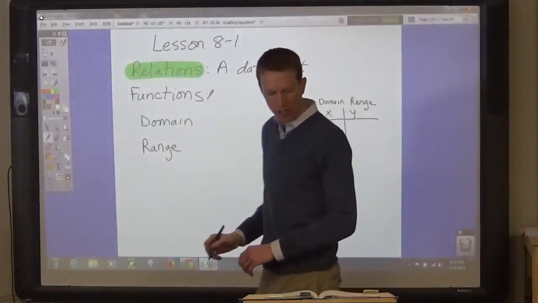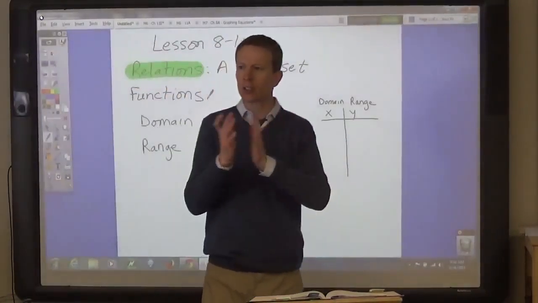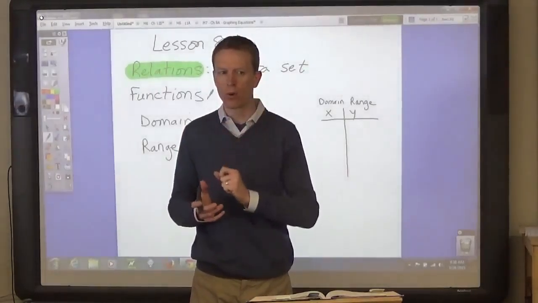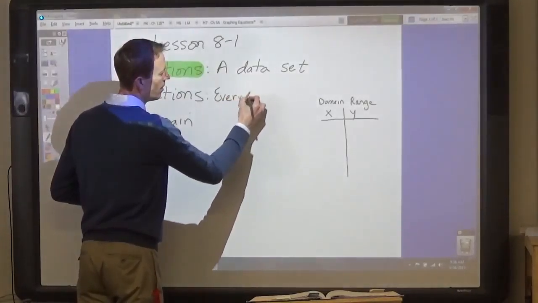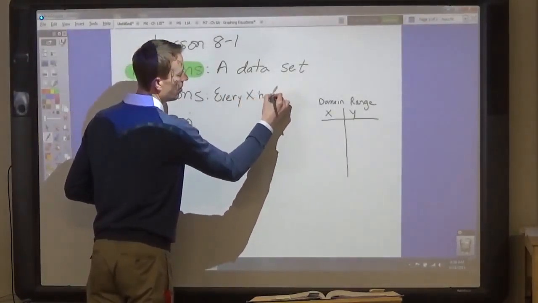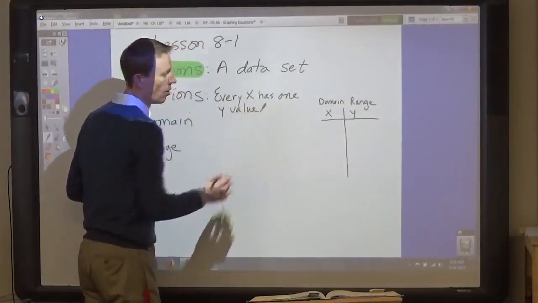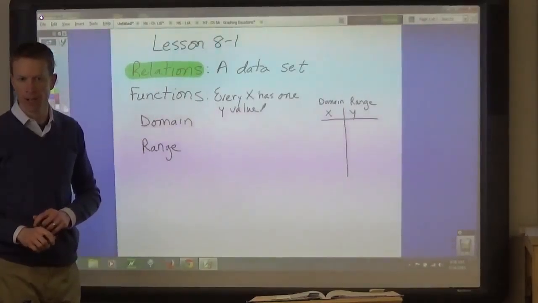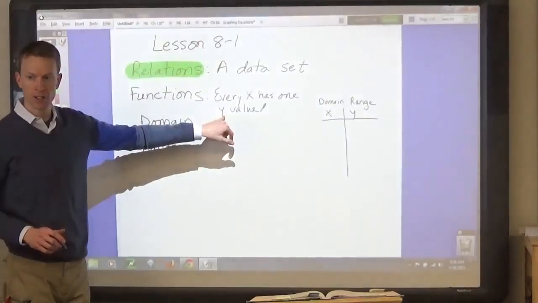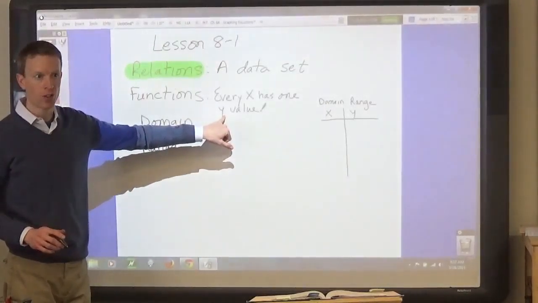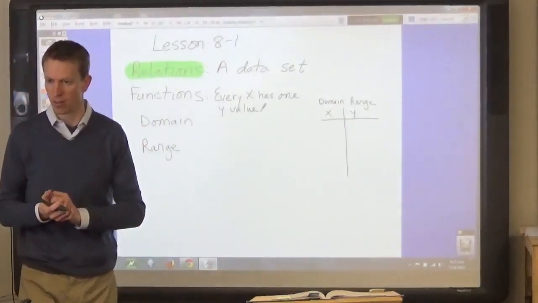A function is a situation where, like it says in your book, every x-coordinate has only one y-coordinate. Every x has one y value, and only one. If every x has only one y value, that means the graph is going to be a function.